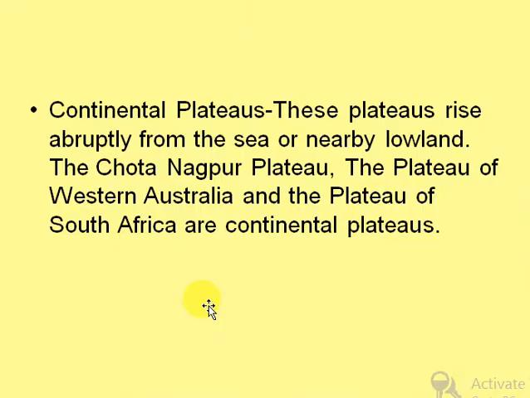So let us see. Number one is your continental plateau. These plateaus rise abruptly from the sea or nearby lowland. The Chota Nagpur Plateau, the plateau of Western Australia, and the plateau of South Africa are continental plateaus.